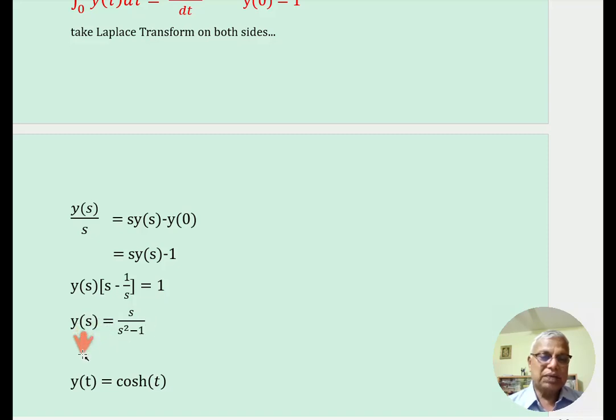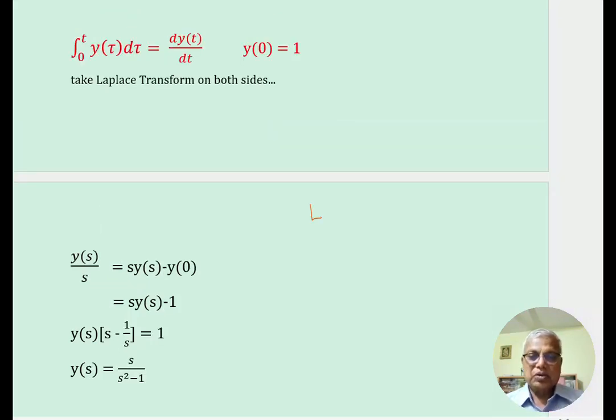Now you have to take the Laplace inverse. What is the Laplace inverse of this? You know, what is the Laplace transform of cosh, the cos hyperbolic function? It is s by s square minus a square.